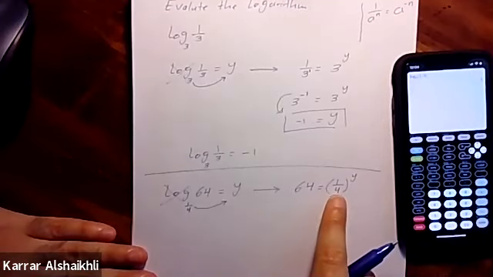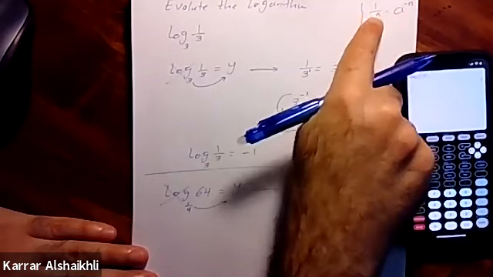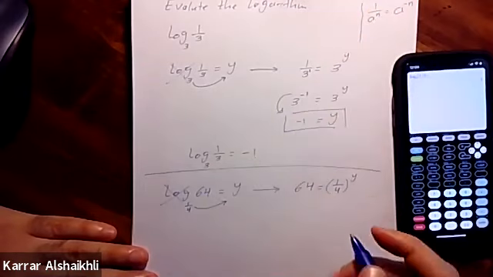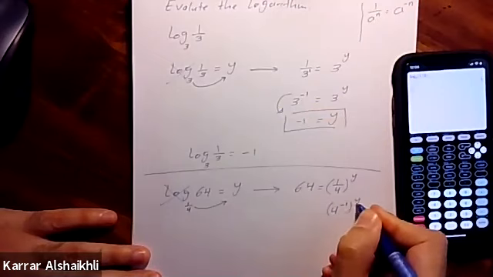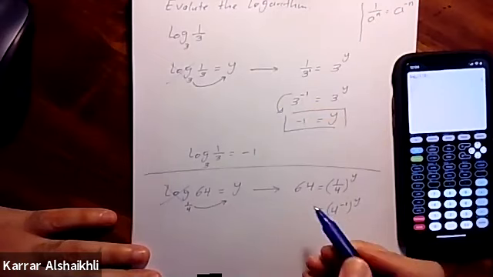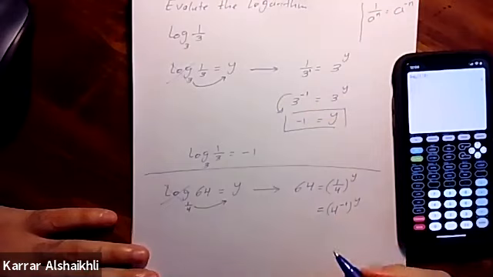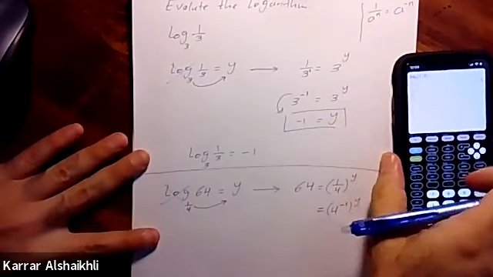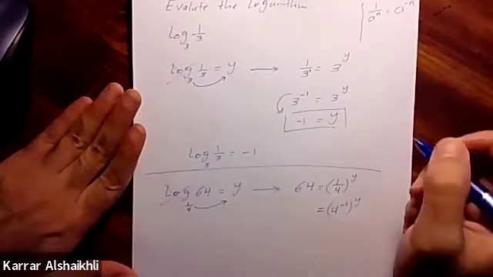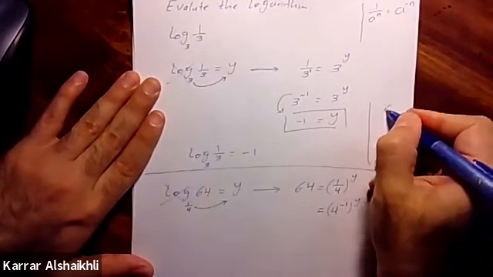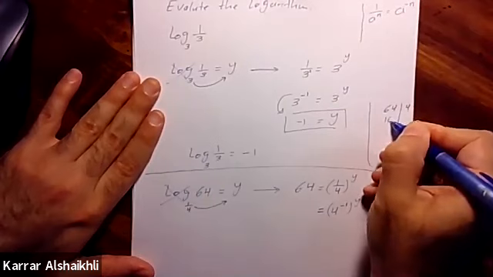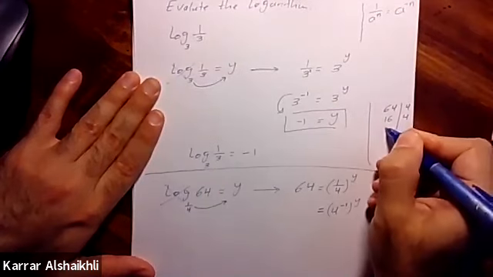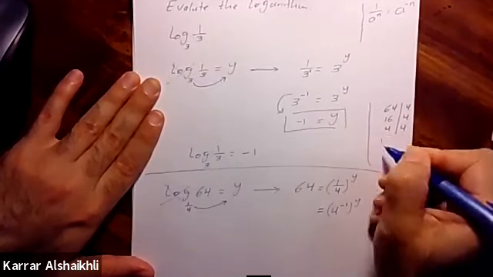What I'm going to do on this side, I'm going to use the same rule by moving 4 to the top. So it's going to be 4 to the exponent -1, to the y, equal 64. I'm going to analyze the 64. How are we going to analyze the 64? Let's do it here. 64 divided by 4 is going to be 16. 16 by 4 is going to be 4. 4 by 4 is going to be 1.